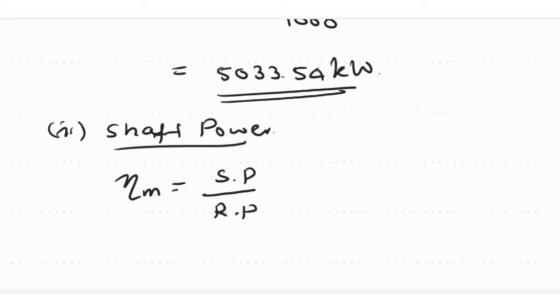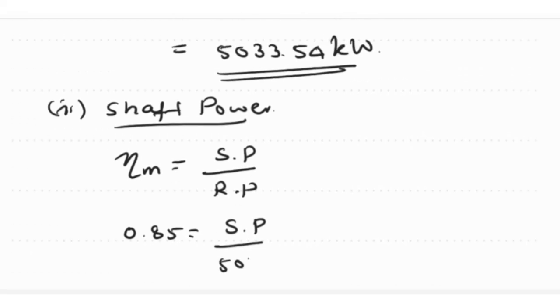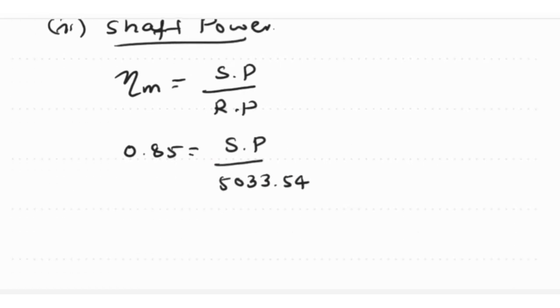Mechanical efficiency is given as 85%, so 0.85 is equal to shaft power divided by runner power, which is 5033.54. Now we can get shaft power SP as 4278.5 kilowatt.